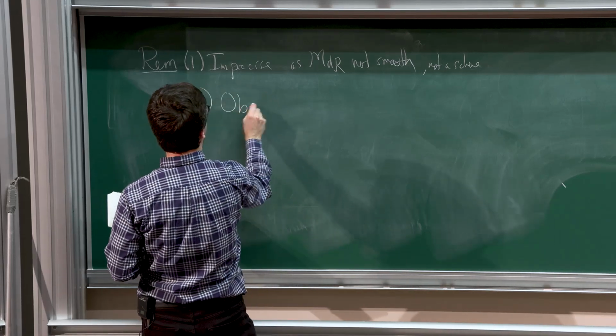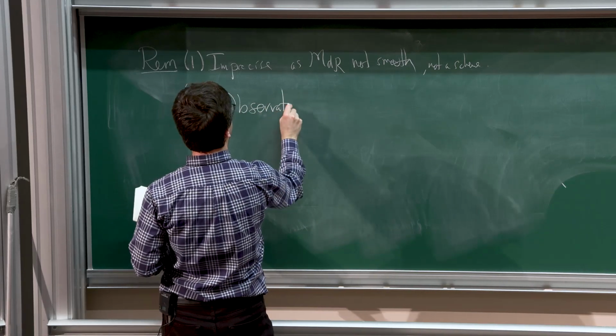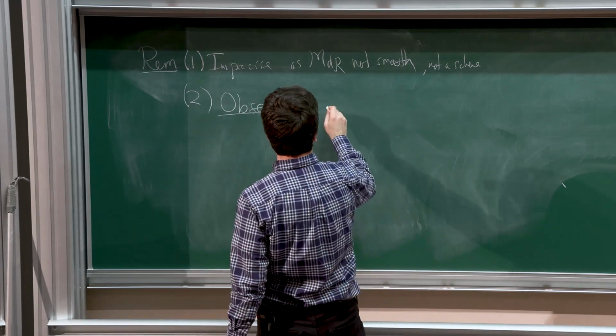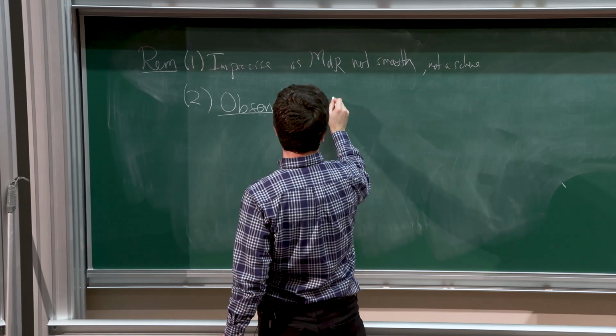So the observation, I think this gets at Jacob's question, is that there's a variant conjecture.